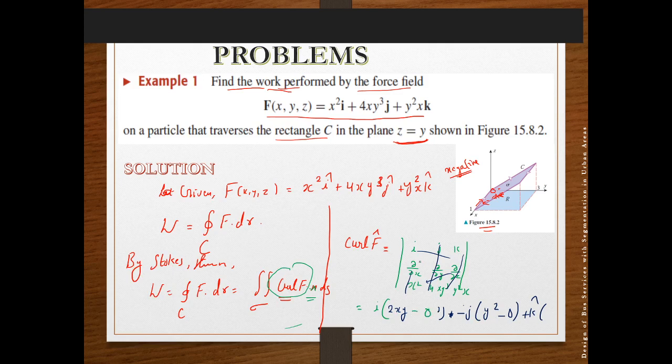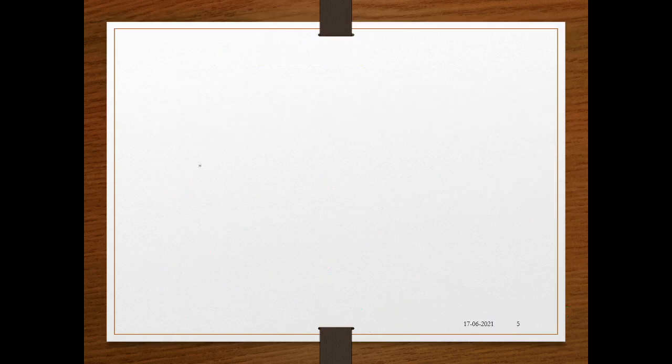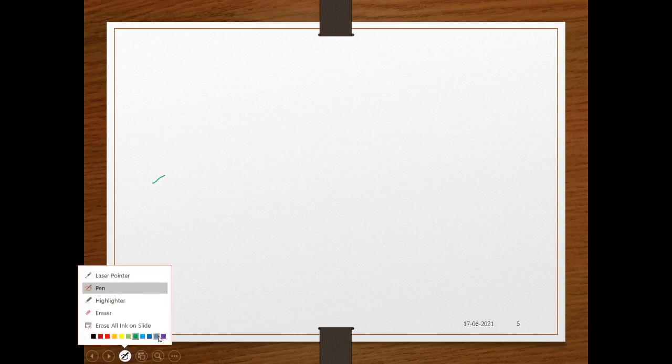And the last one is del by del x of 4xy cubed, which is 4y cubed, minus del by del y of x squared, which is 0.